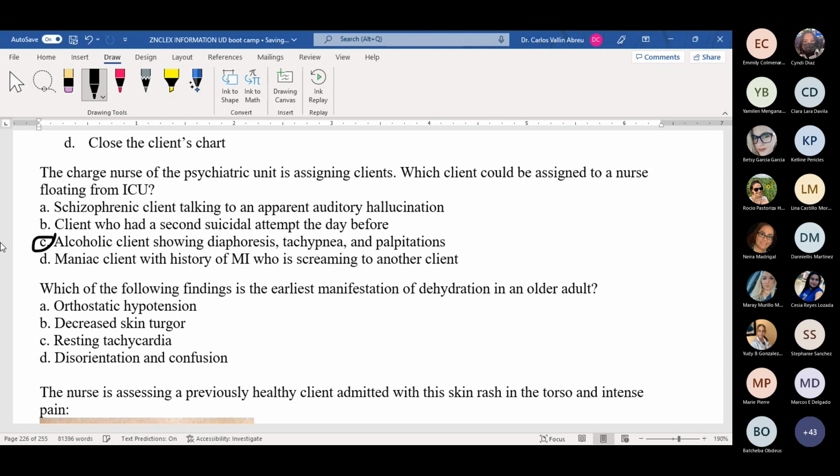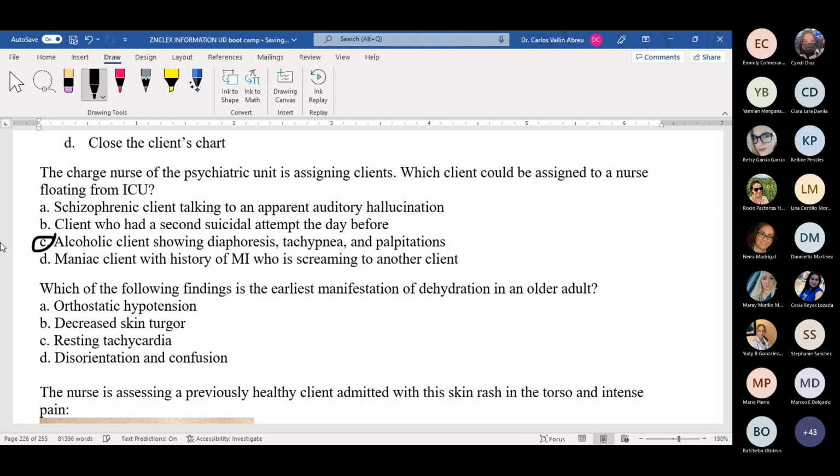The patient also has the same tachycardia, the same hypertension, and fever, hyperthermia. It is the stage of evolution in which the client has a very high mortality, I think around 30%.